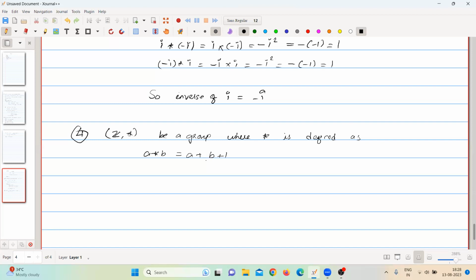So first of all, again here you can check whether it is a group or not. That is, whether this operation is a valid binary operation, whether the closure property is satisfied, and so on. So that you can check.